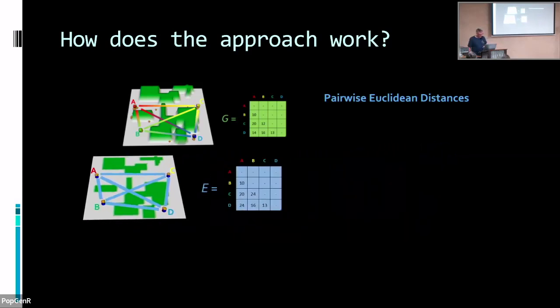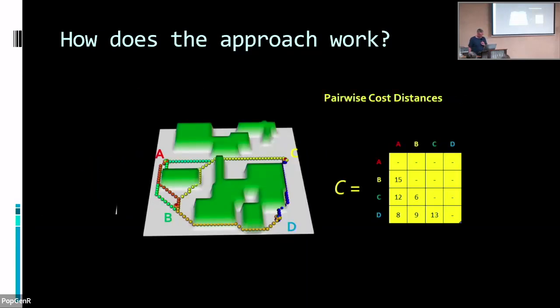Or we calculate something which we call least cost path distances, or Circuitscape, or I forgot the third one, there's some others. I show you only one version, that's the least cost path in the analysis, but the DartR also uses Circuitscape, and if it's too slow, you have to run Circuitscape.